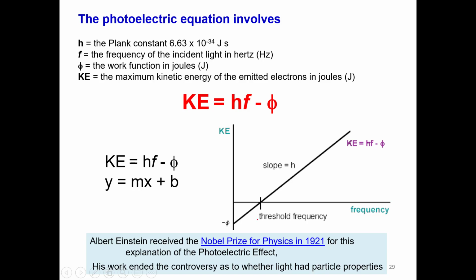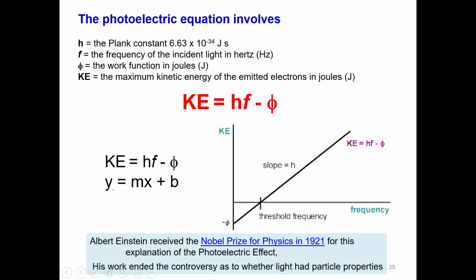See? And the experimental data showed this behavior, which is linear. Then how can we get the equation that correlates the kinetic energy and the frequency? We just need to calculate the slope of the line.